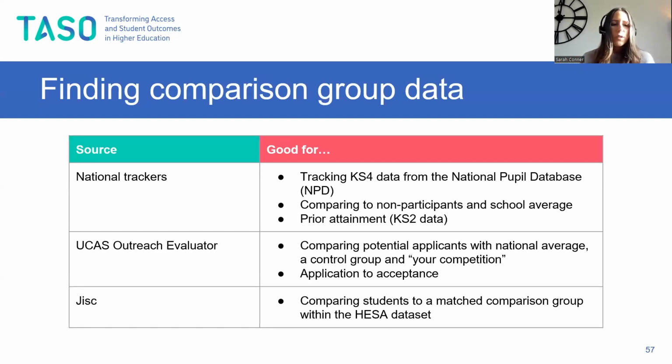And GIST can also support using the HESA dataset, the Higher Education Statistics Agency. So again, that enrolment data, so they can compare to a matched comparison group. They'll match your students with students with very similar characteristics in things like prior attainment, gender, and other demographics as well. So this is really useful for going from that type 2 to type 3 evidence.